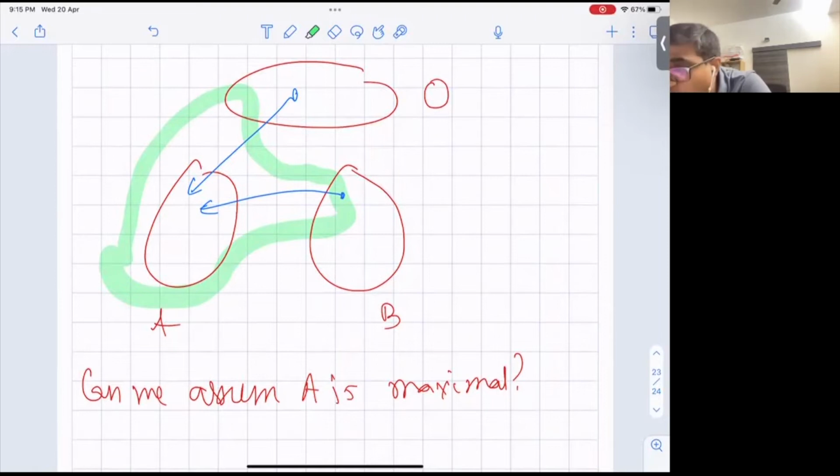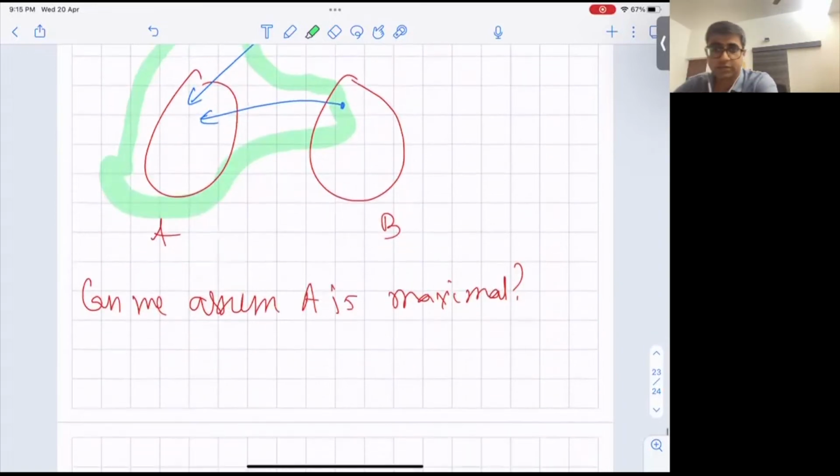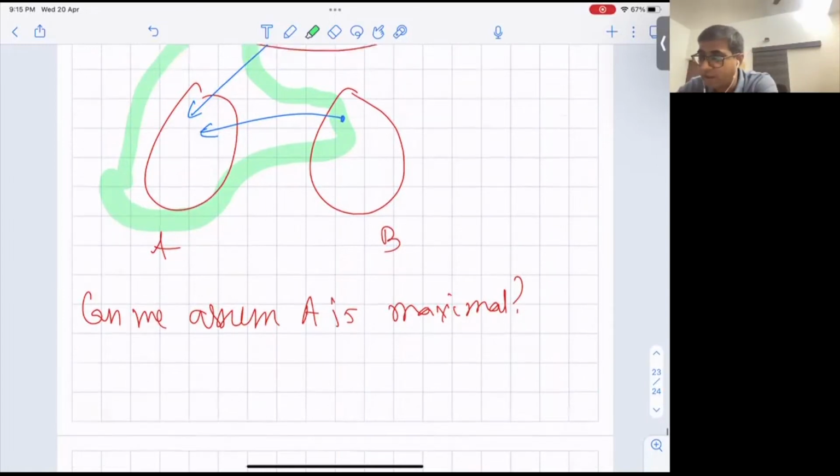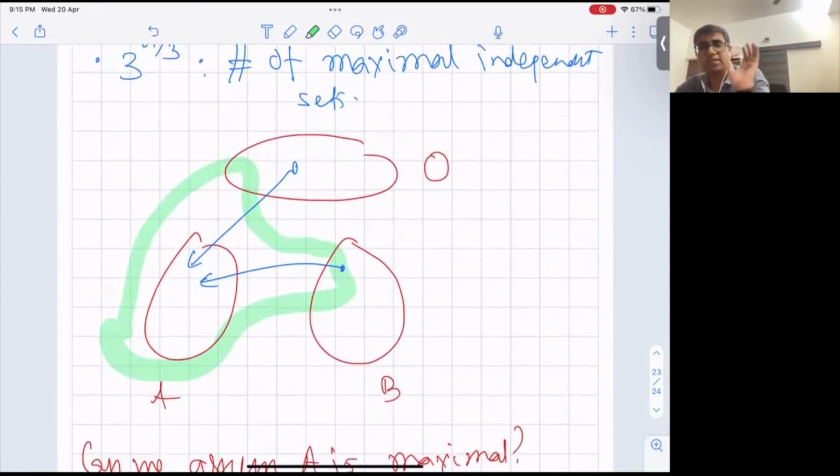So I can assume that if I'm looking for an odd cycle transversal of size at most K, then there is actually one where one side is a maximal independent set. Am I right? Is that fine or not? Is this clear to everybody that I can assume in my configuration that A is a maximal independent set?